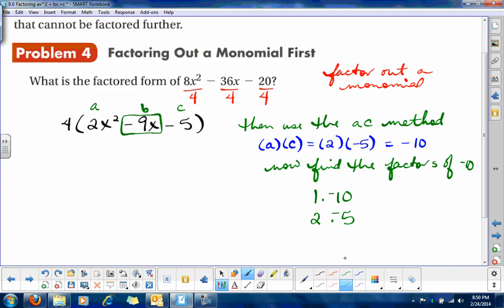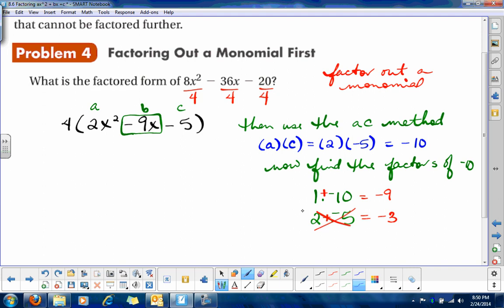So now we're going to do some adding. We have 1 plus negative 10, that's negative 9, and 2 plus negative 5, that's negative 3. So this one's out, and we're going to use 1 and negative 10 to rewrite b.